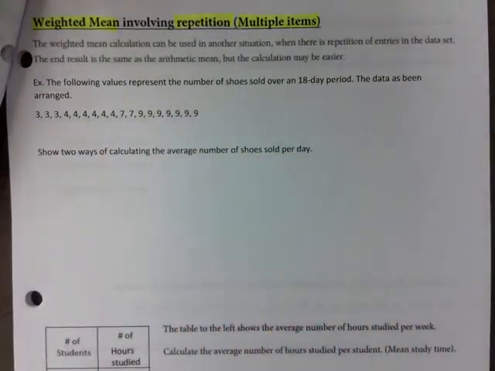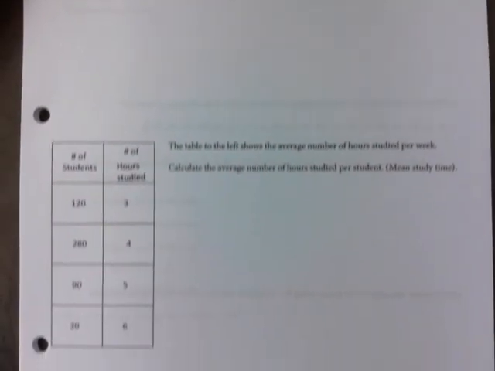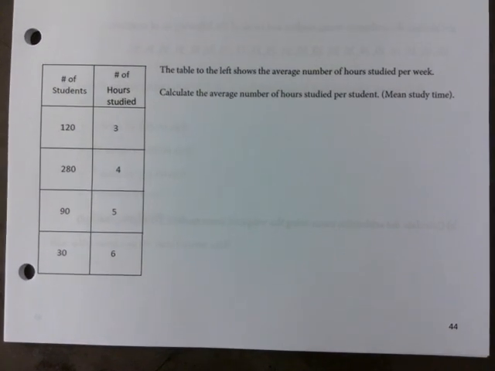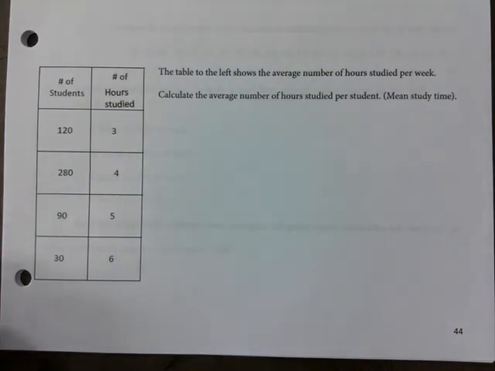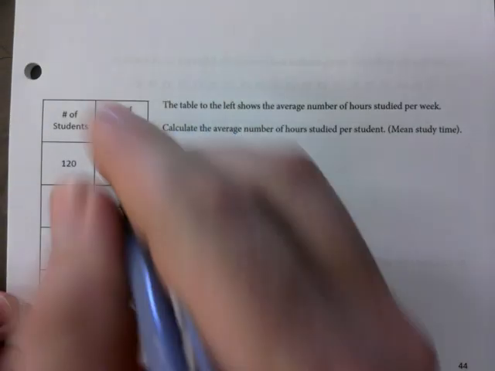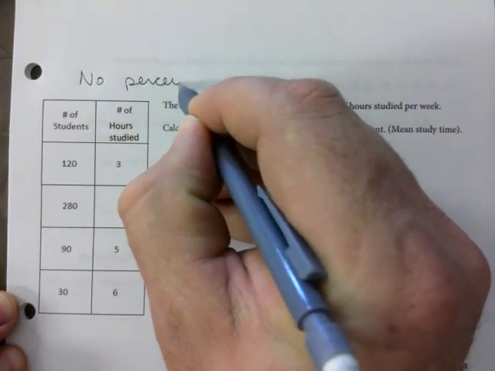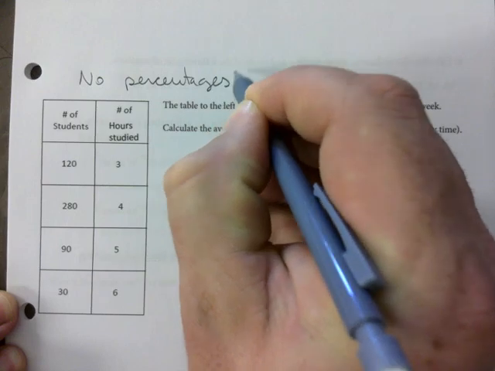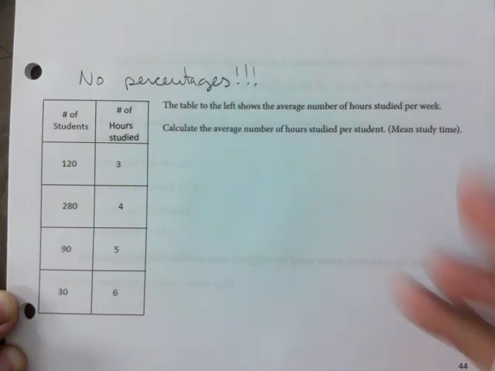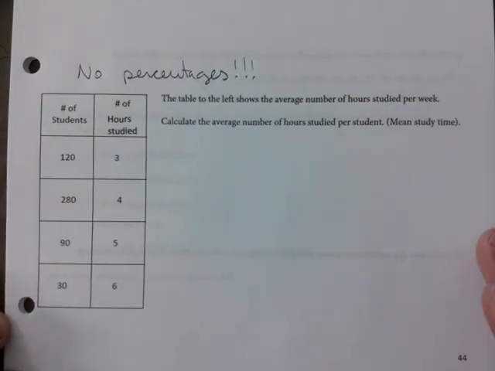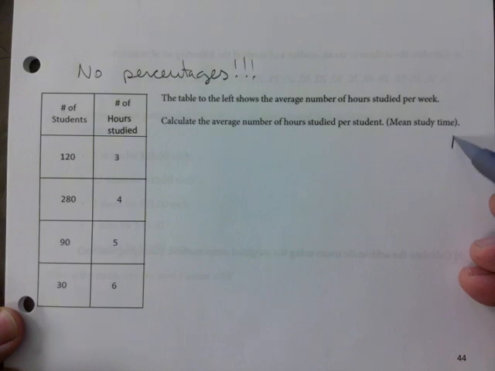We're gonna go straight down on page 44, bottom half here. Page 44. You can write down no percentages. Exclamation marks. Okay. No percentages. You still apply MAD. Okay, so on the side here, you're gonna say MAD.